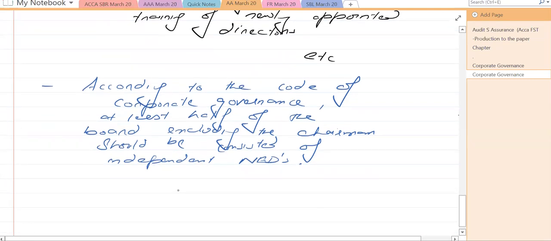For example, if there are 7 directors on the board, including the chairman, then 3 should be EDs and 3 should be NEDs. Because if there are fewer NEDs, there will be less supervision, less accountability, and less contribution to the strategy. So there should be a balance of EDs and NEDs.